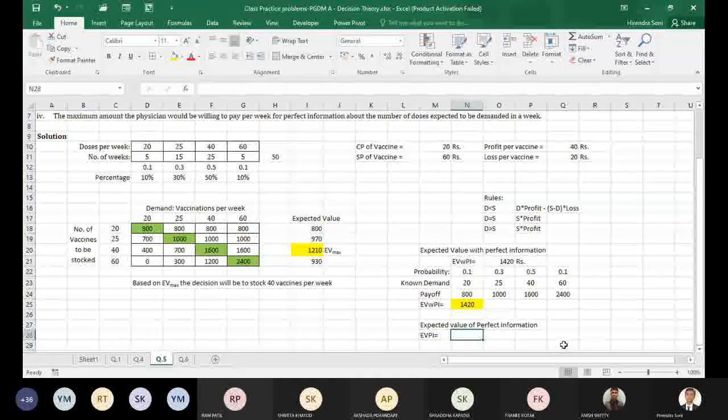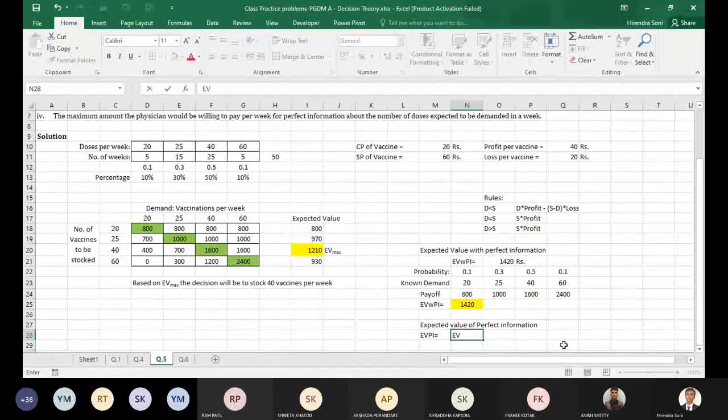It is nothing but equal to EV with perfect information minus EV max.